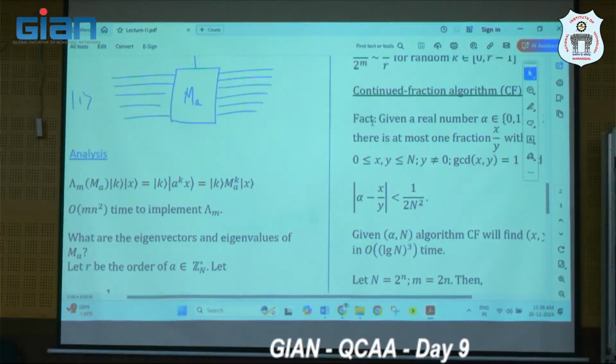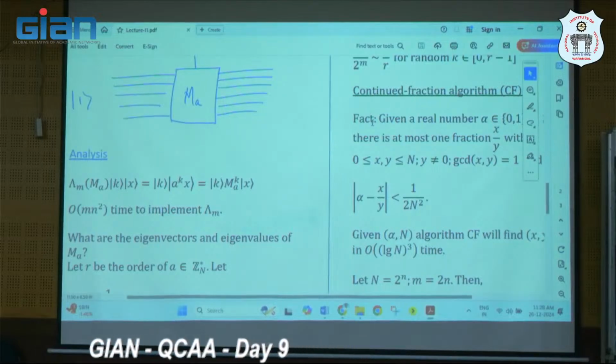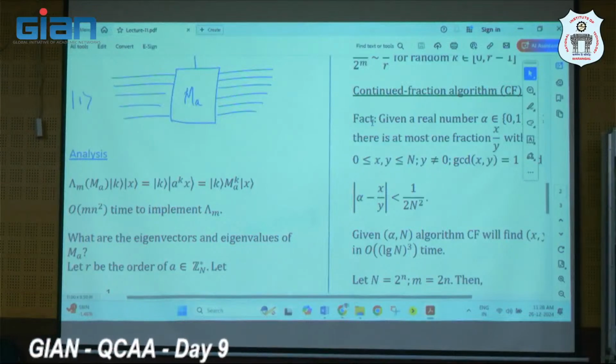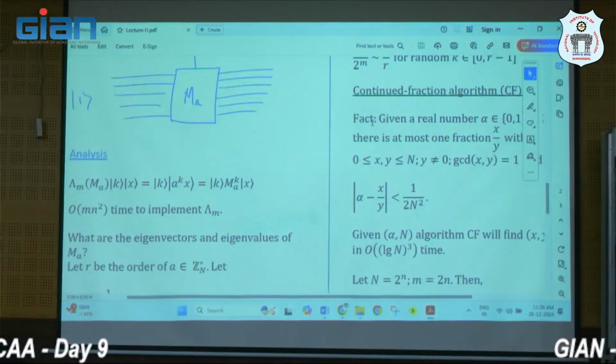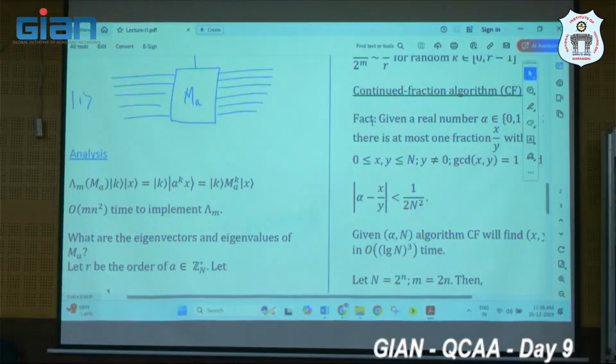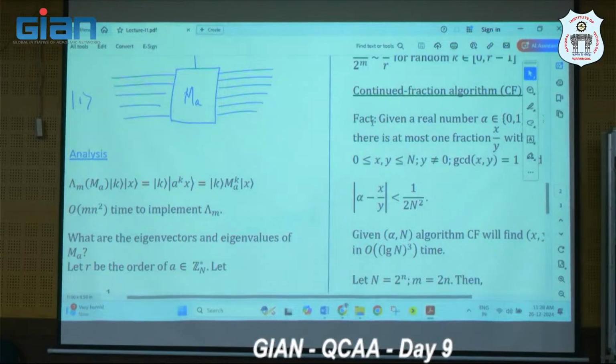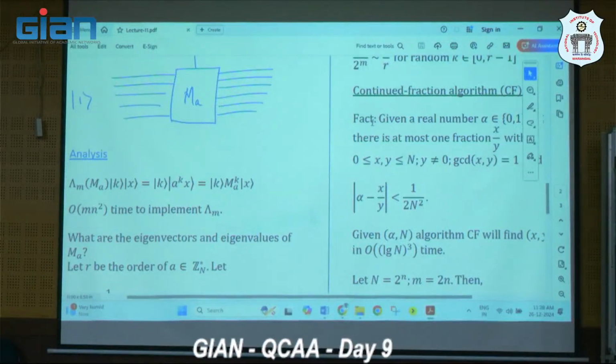Okay. Now think of it this way. Suppose I have small m. Think of m as for now like n, for example. So k is a number from 0 to 2 to the m minus 1, correct? It can be a large number.